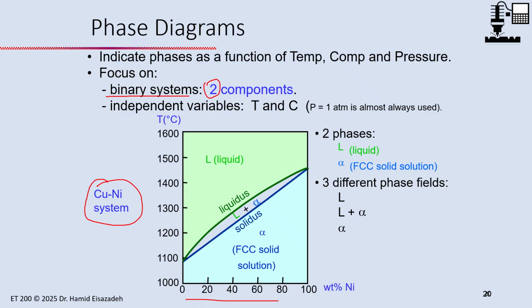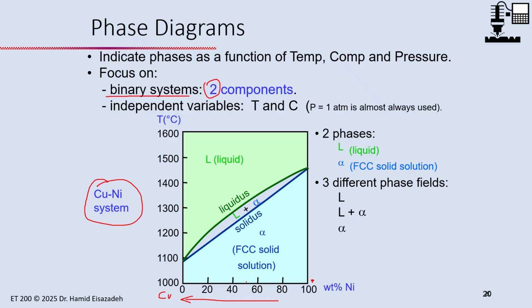It says weight percent nickel 100. It means at this point we have 0 copper and 100% nickel. As you go this way, we have 100% copper, Cu, and 0% nickel.